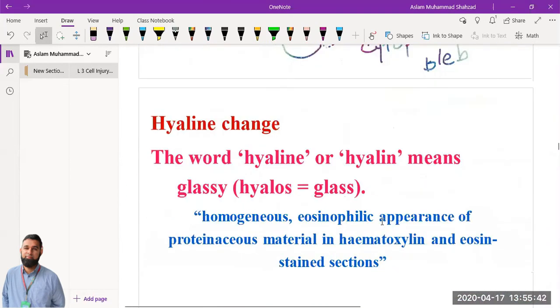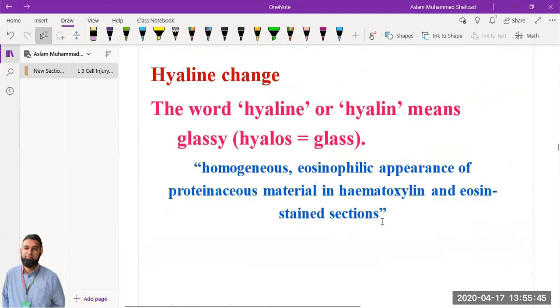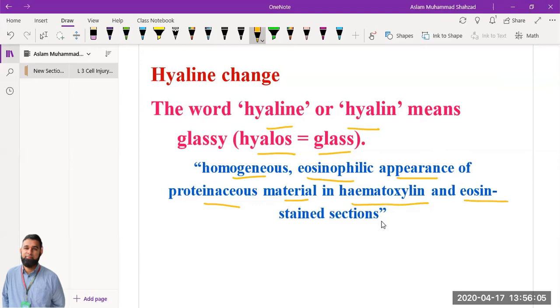Next, we move towards the hyaline changes. The word hyaline means glassy or glass. According to the definition, it is a homogeneous eosinophilic appearance of the proteinaceous material in hematoxylin and eosin stained sections.